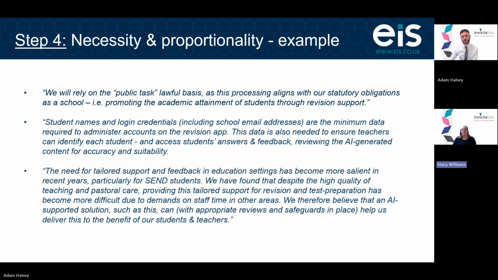And then just looking at proportionality, just some wording around, can that processing be done in another way without the AI? So some of the examples would be that despite high quality of teaching, providing this tailored support for revision and test preparation has become more difficult just due to demands on staff time, and that the AI supported solution can help deliver that to the benefit of the students and teachers.